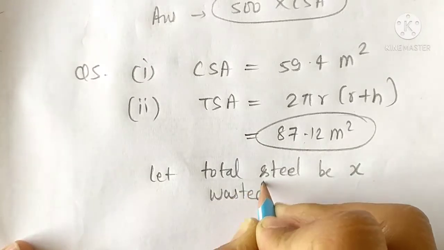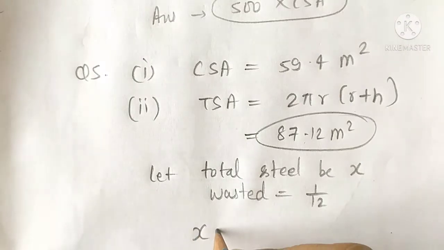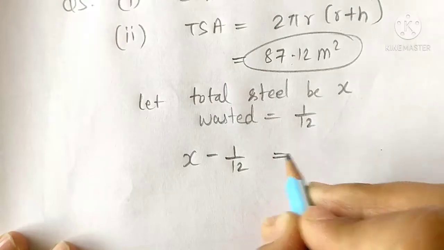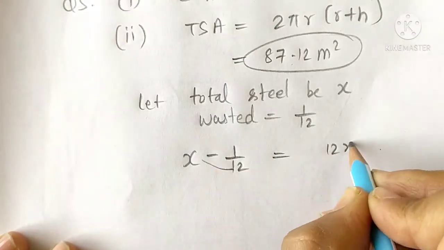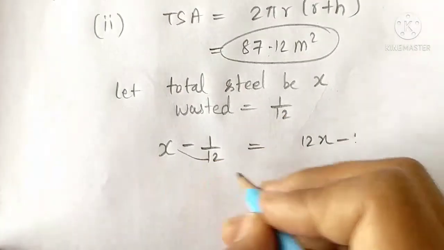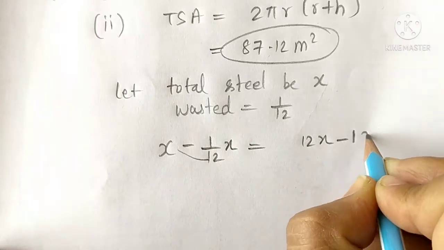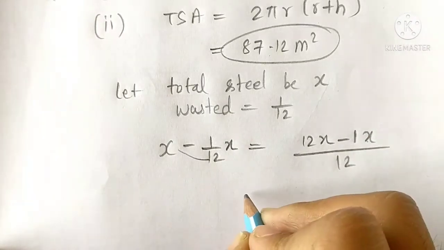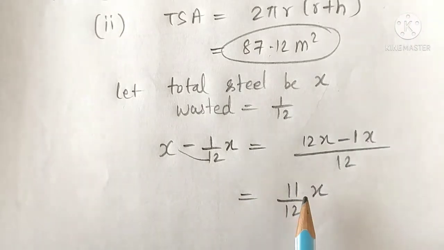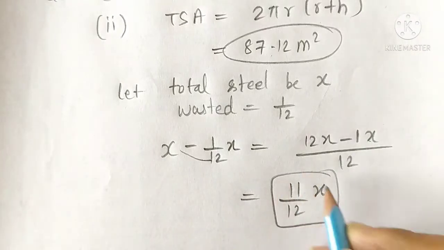They are saying 1/12 of X is wasted. So the steel used is X minus 1/12 of X, that is 12X minus 1X upon 12. So it will come 11 upon 12 of X. This much is used, and this much is wasted.